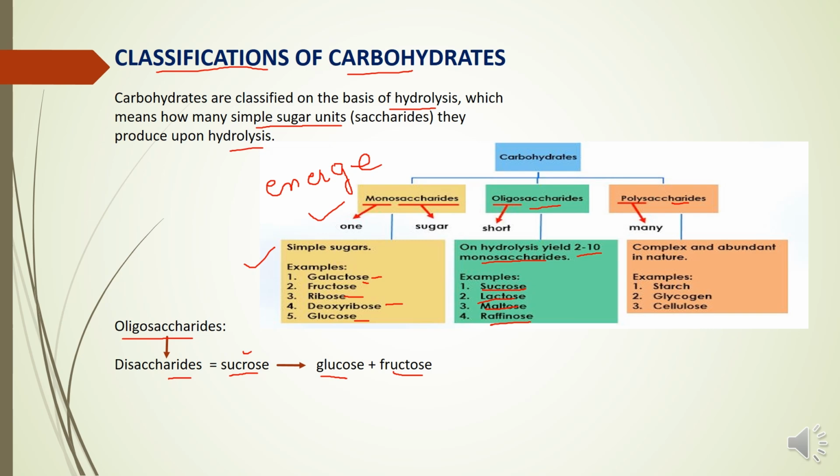Now, polysaccharides. Polysaccharides are complex and abundant in nature. It means when polysaccharides undergo hydrolysis, they give more than 10 sugar molecules.